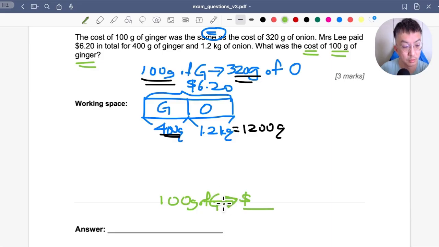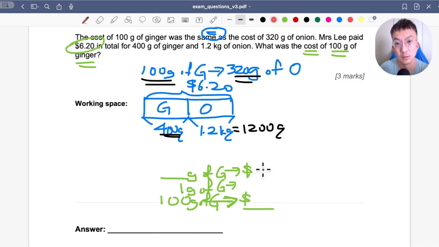Okay, and if you have done questions that use equivalence, normally we use 1 gram or 1 unit as the second last step. And then over here, you are able to find a certain number of grams that is equivalent to a certain cost. Okay? And the only cost information is over here, and I suspect that 620 will be used here. Then we find 1 gram of ginger. Then we find 100 grams of ginger. It's the same as finding 1 unit for heuristic questions.